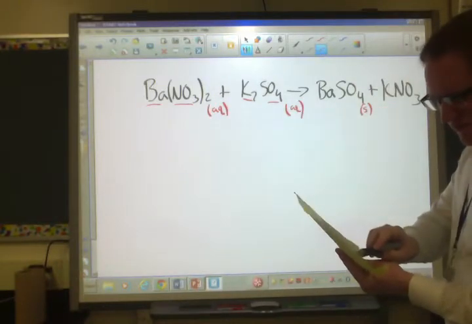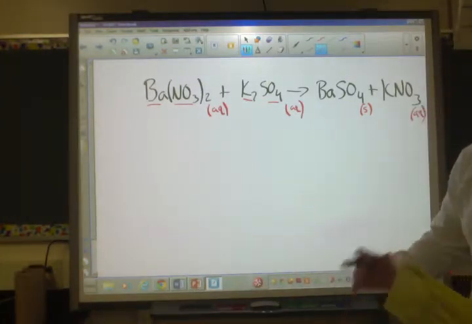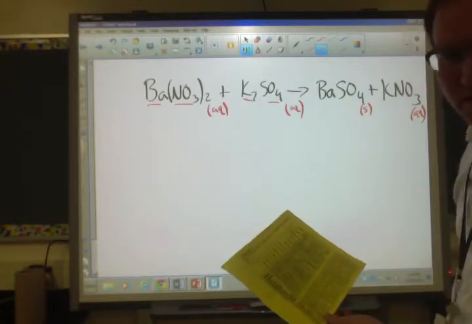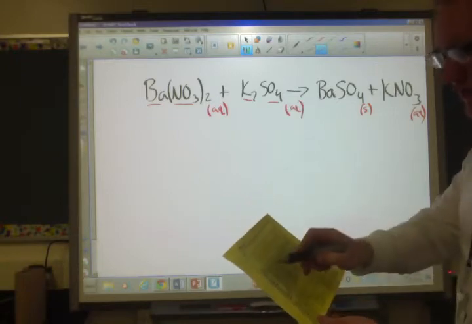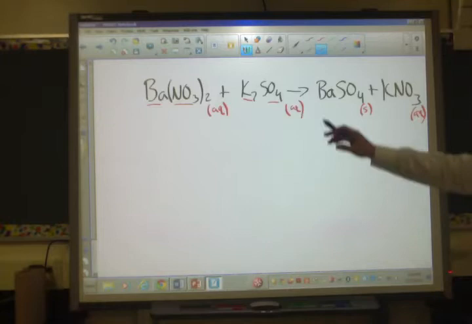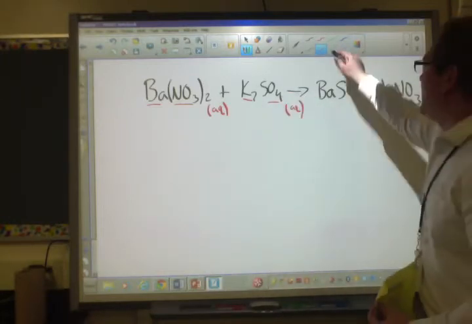Potassium nitrate is aqueous. And the more you do, you might catch on to certain things. For example, nitrate is aqueous all down the line. If you see nitrate, aqueous. For example, ammonium, aqueous all down the line. Anyway, we have aqueous, aqueous, solid, aqueous. We know the reaction will take place, so now we're going to balance it.